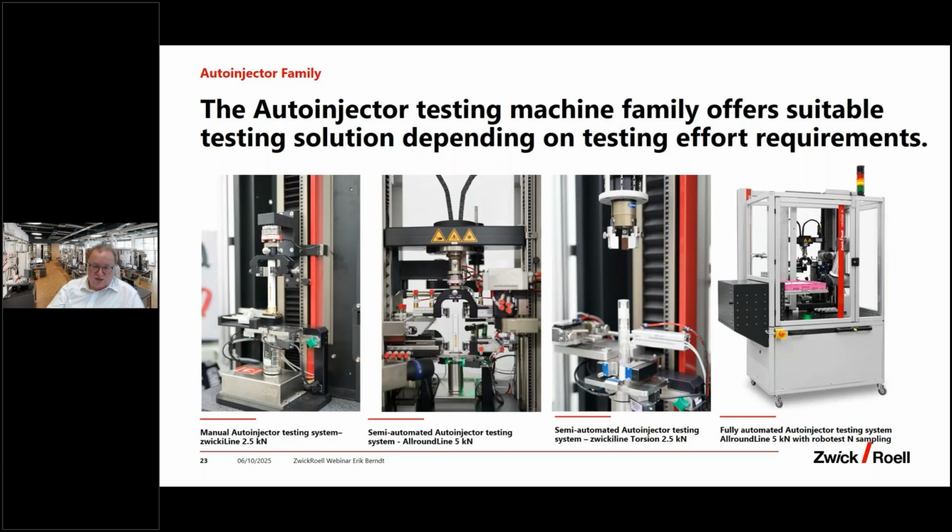Then also customers want to test syringes, pens, autoinjectors without torsion functionalities, and we now have the range of machines to offer the solutions to the customer. And looking at the design verification and lot release testing, we are selling a lot of fully automated systems to the global world.